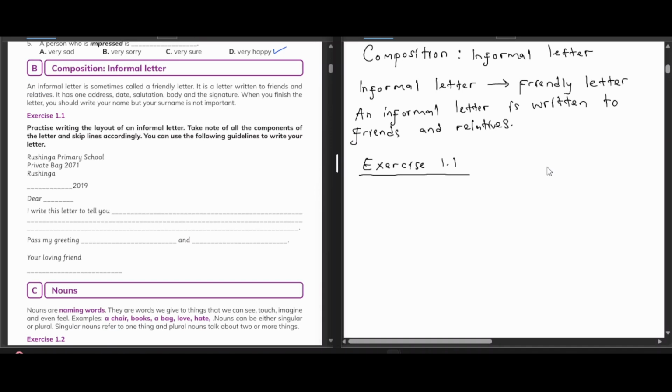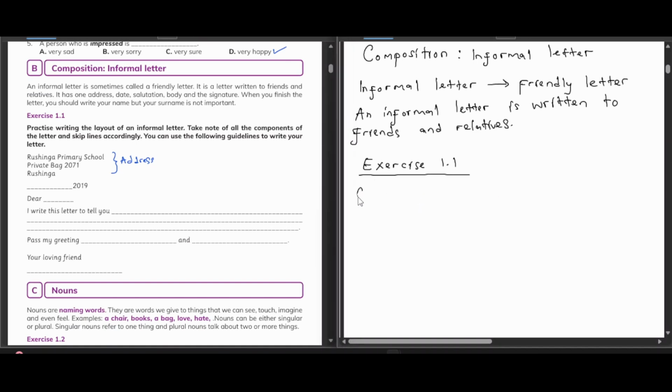You can use the following guidelines to write your letter. So as you can see here, we have this address. And so this address is actually the address of where you are. It is your address.